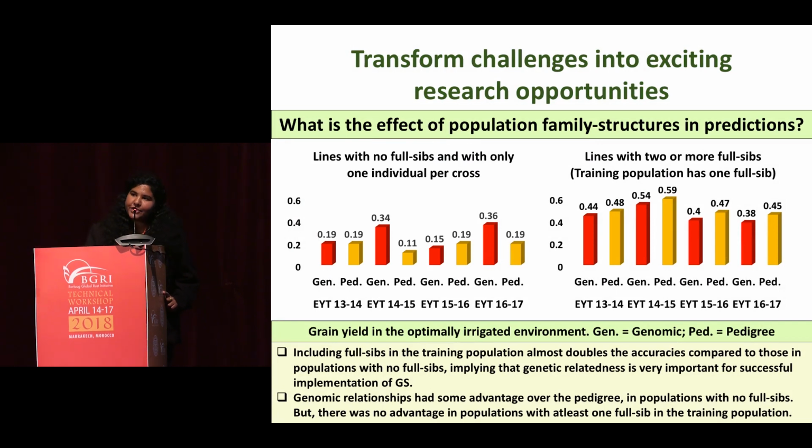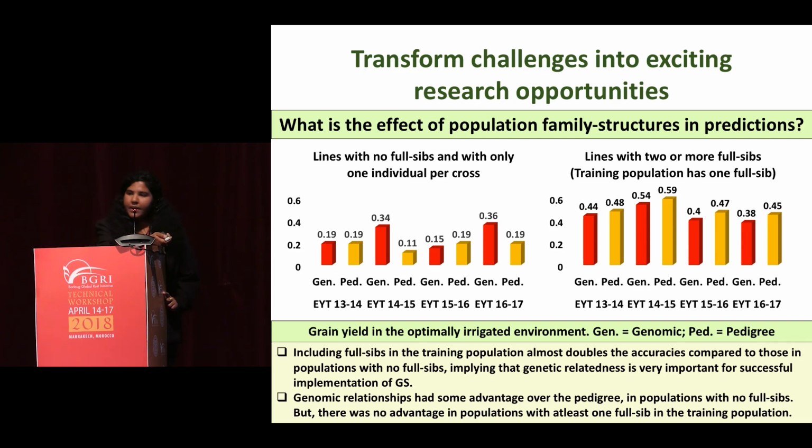But what was really interesting to us is the figure on the right, where you can see lines which have at least one full sib in the training population. So you have one sister line in the training population, and you are using the information from that sister to predict other sisters in your validation population.